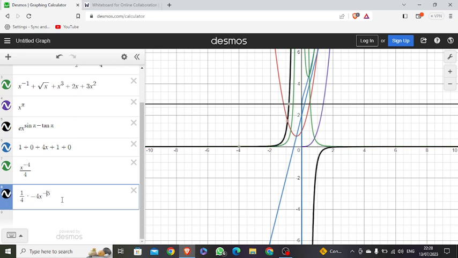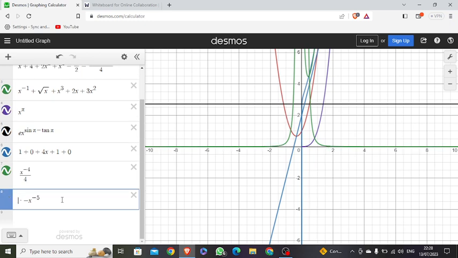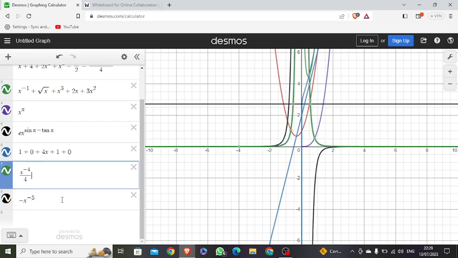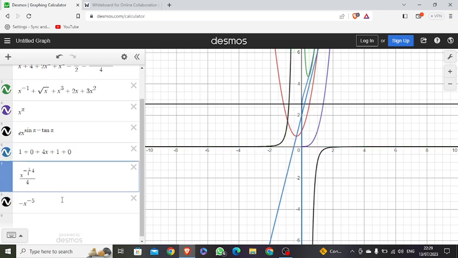You don't have to simplify it, but you could, and you could be like minus x to the power minus 5, and that would, wait, not minus 5 by the way, sorry, x to the power minus 1 over 2.